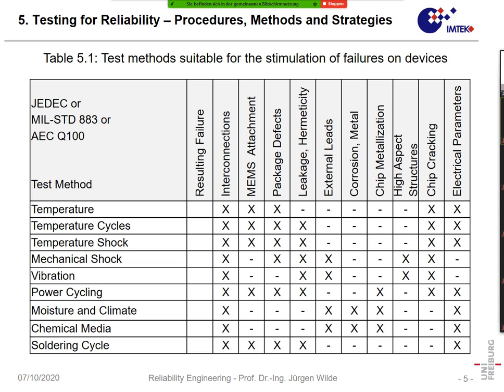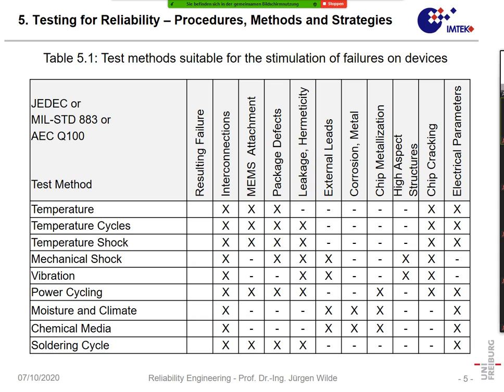Then we have moisture and climate. Unfortunately, that is not a constant condition, but here we have a strong influence from how the temperature and humidity fluctuate in the climate. And then the chemical media, and what is always important is a soldering cycle.